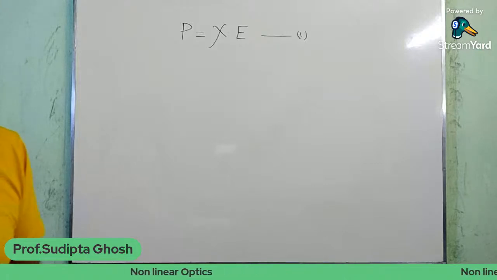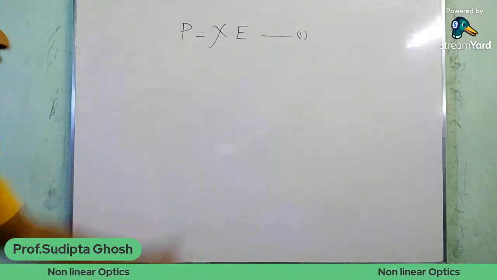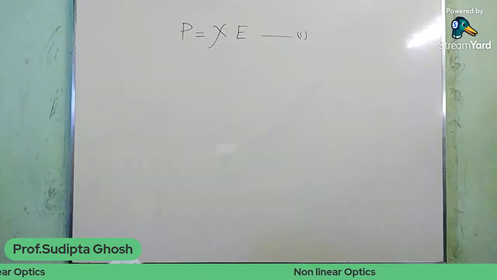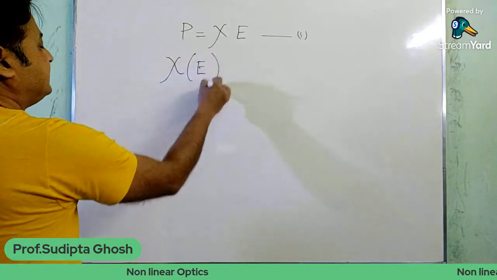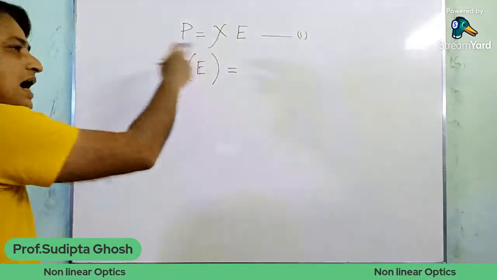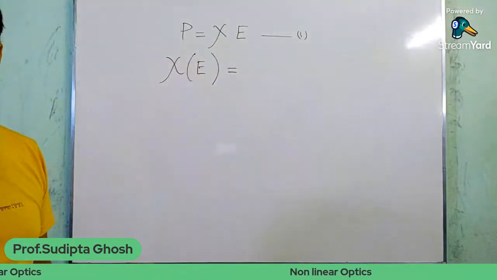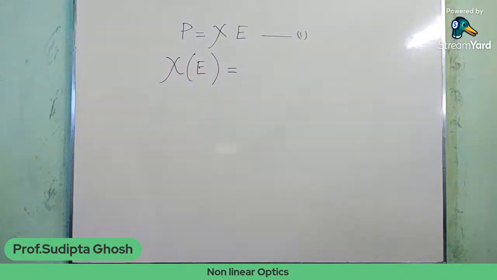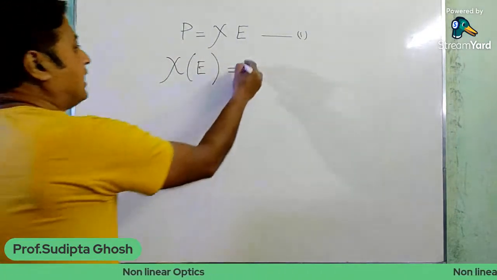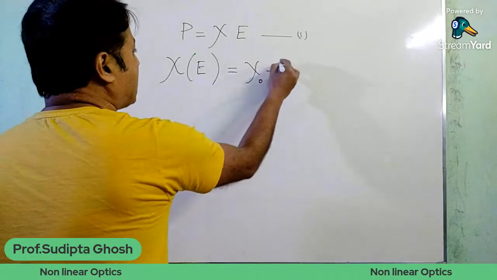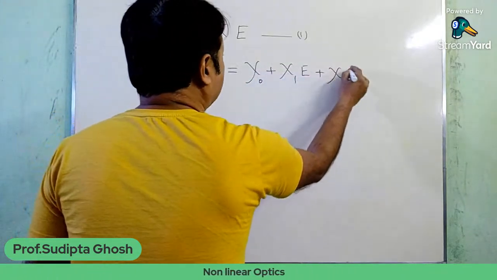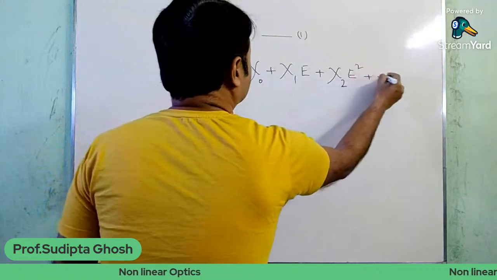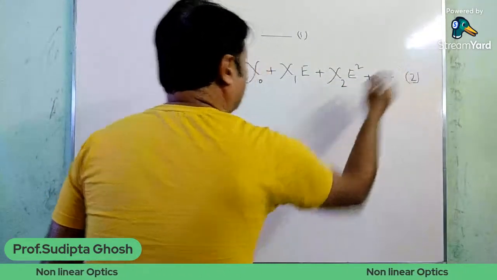So chi can be written as a function of this highly intense electric field. That is, chi becomes a function of capital E, and it can be written as chi 0 plus chi 1 E plus chi 2 E squared, and so on. Right?